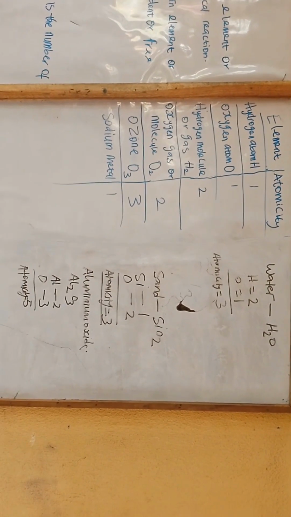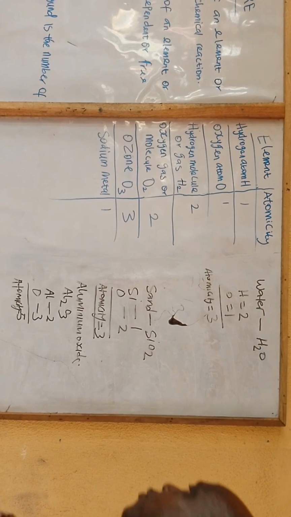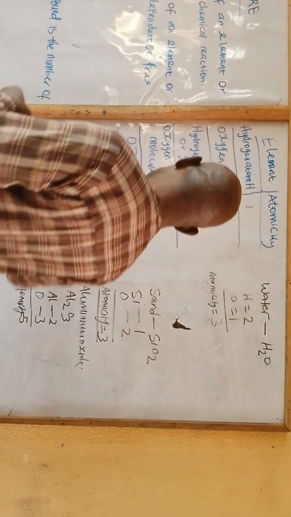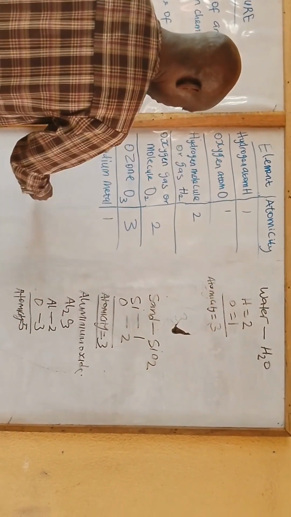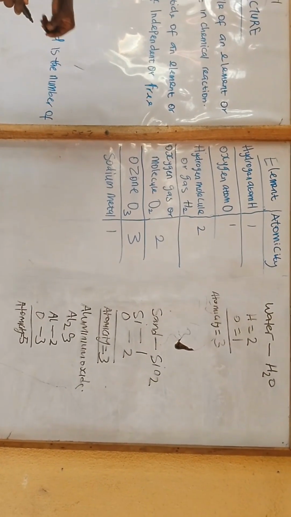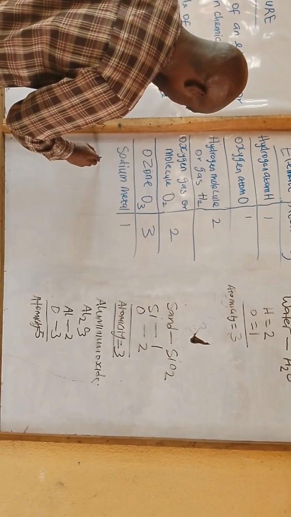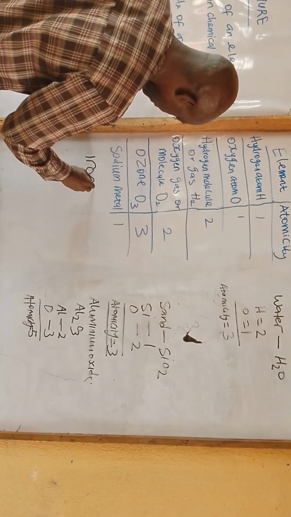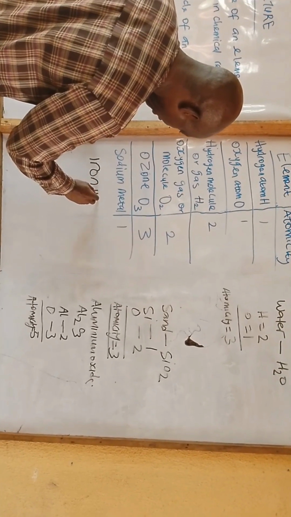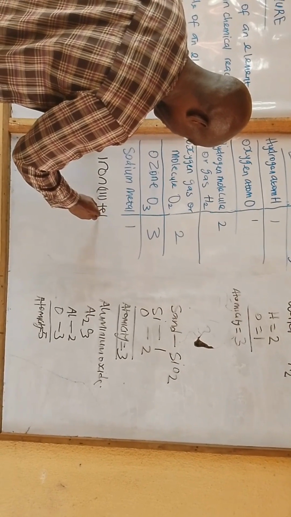So then we have other examples we can also explore, talking about a bigger compound like iron 3 tetraoxosulfate 6.